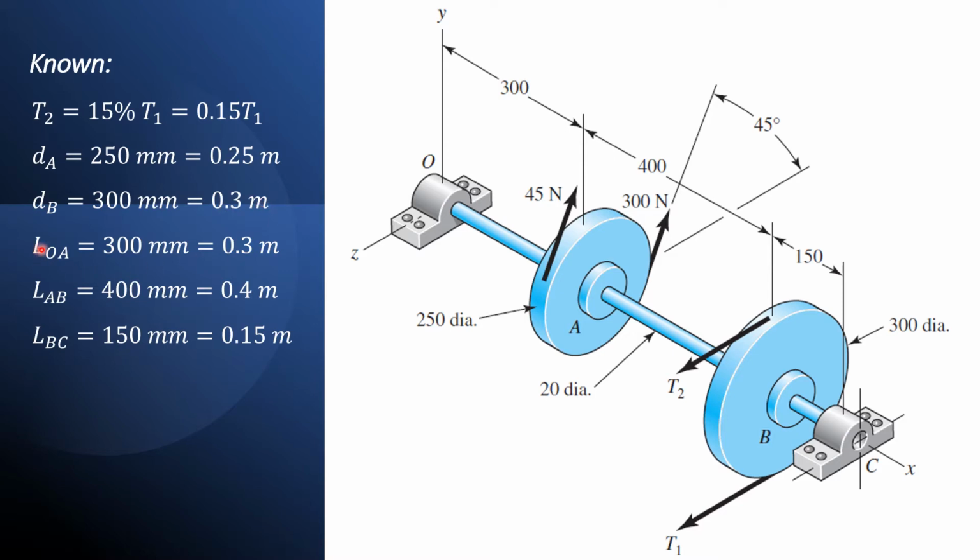The length from O to A is 300 millimeter or 0.3 meter, the length from A to B is 400 millimeter or 0.4 meter, and the last one is the length from B to C, which is 150 millimeter or 0.15 meter.